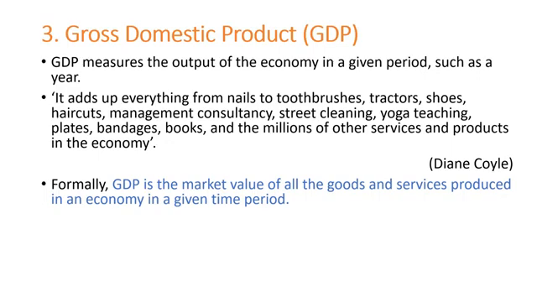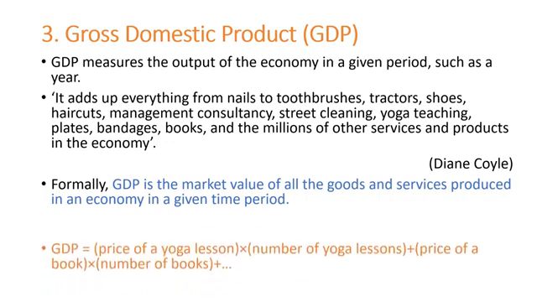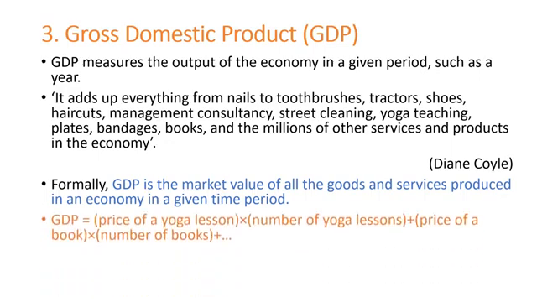As you know, we cannot add the number of cars with the number of chairs with the number of teaching services produced with the quantity of haircuts. Therefore, we convert all the goods and services into numeric value by multiplying them with their prices and then add up to get a number for GDP.